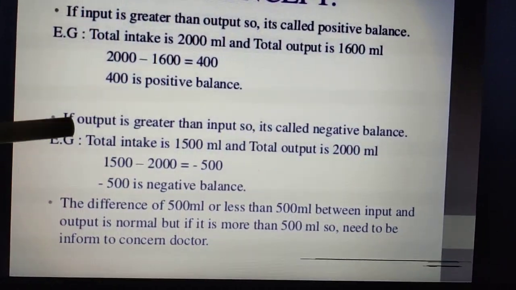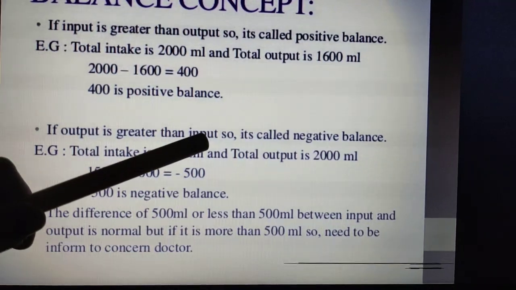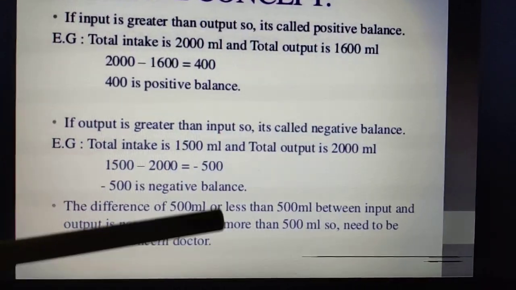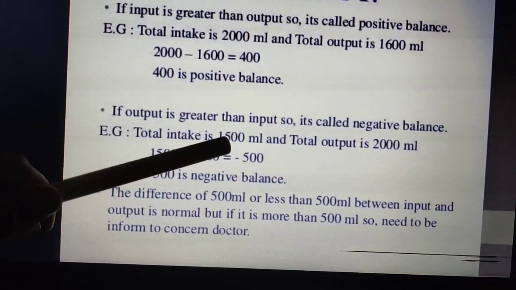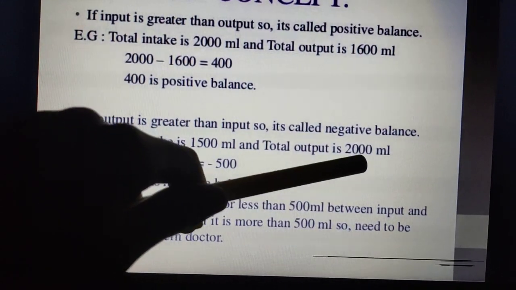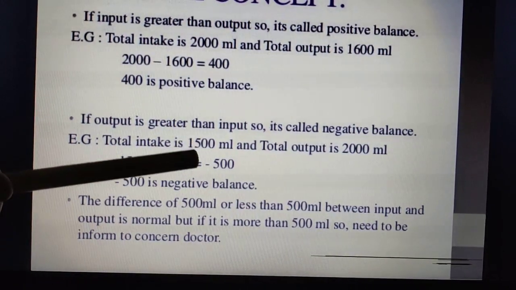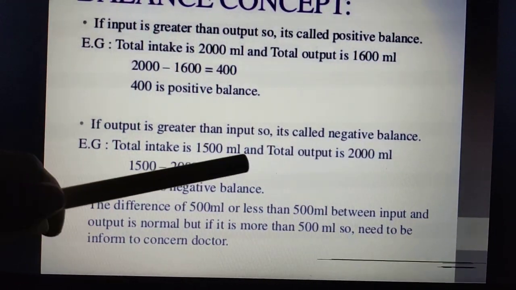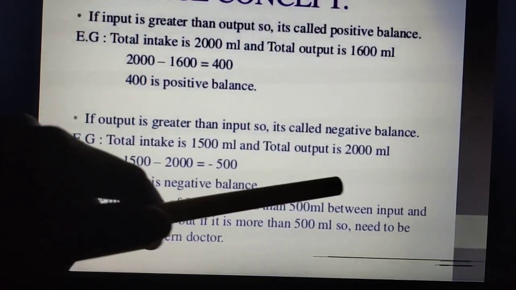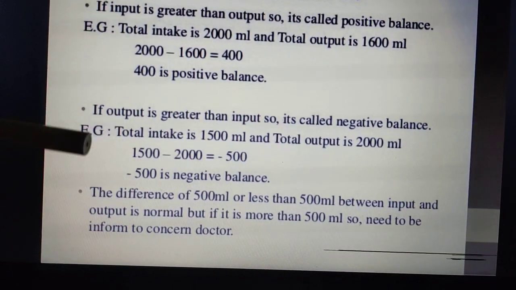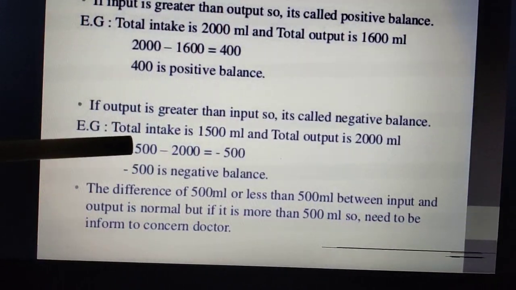Now we'll see. If our output is greater than input, it is called negative balance. For example, the total intake is 1500 ml and the total output is 2000 ml. It means the patient drinks 1500 ml of water, but through the urine he eliminates 2 liters of water, or 2000 ml. Clear? What happened?